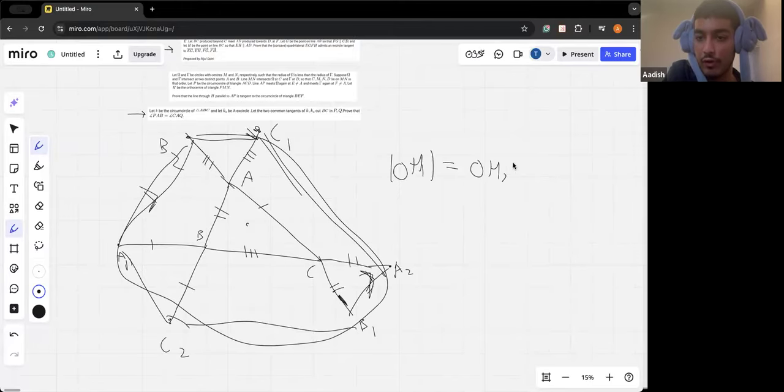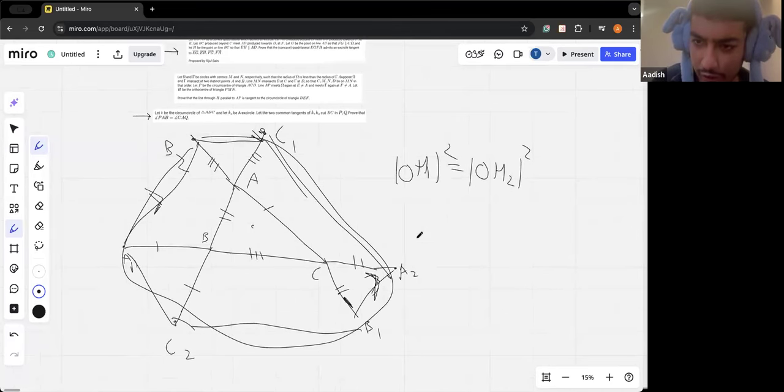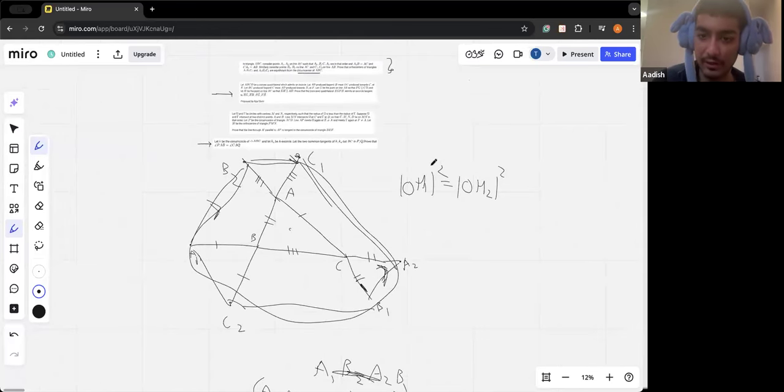You will square both sides and write it as OH1 times conjugate, OH2 times conjugate. If you want to complex bash this, you'll set O to be the origin, so H1 times H1 conjugate equals H2 times H2 conjugate.